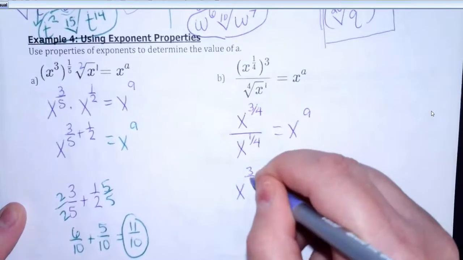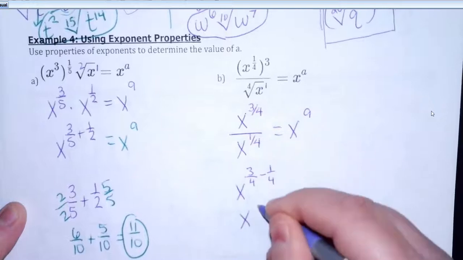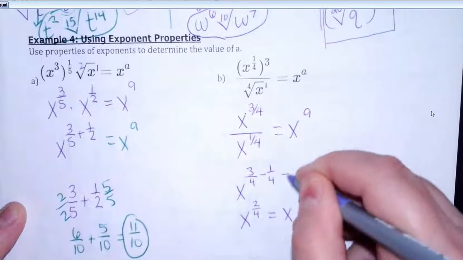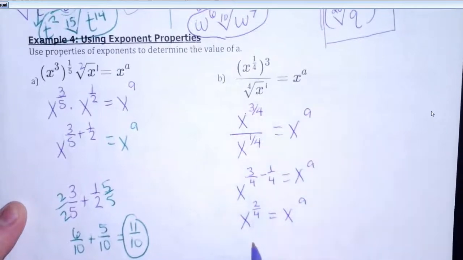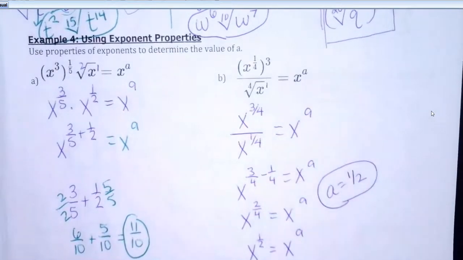I'm going to have one. So 3/4 minus 1/4 would be 2/4. Each one of these x to the a. Now, the only other thing I can do here, 2/4 does reduce to 1/2. So there, my answer to the question is what that exponent would be, and a is going to be 1/2.